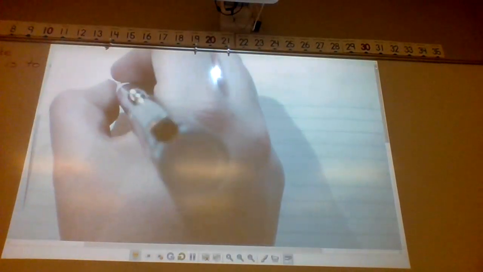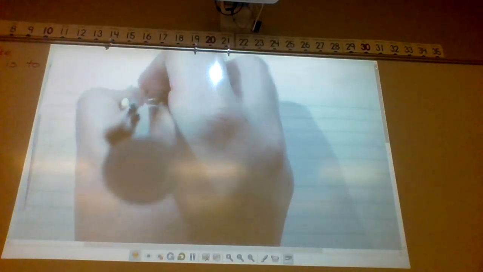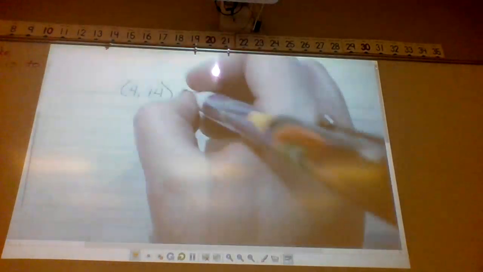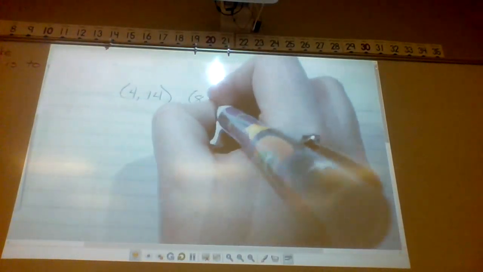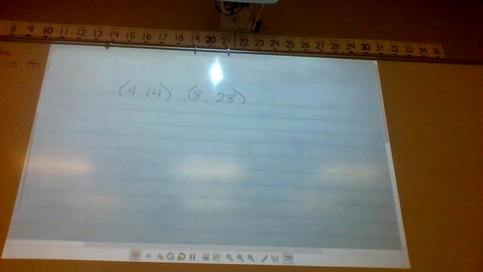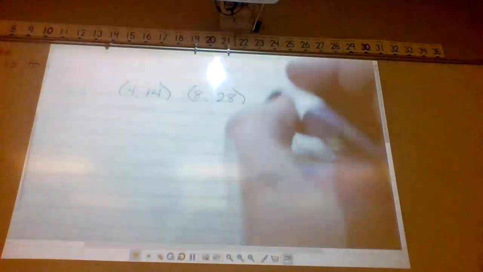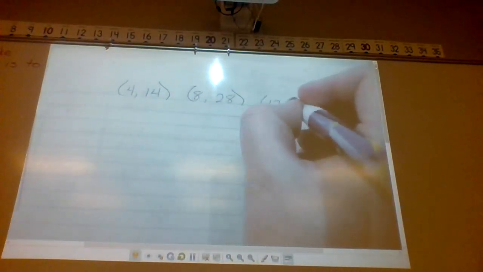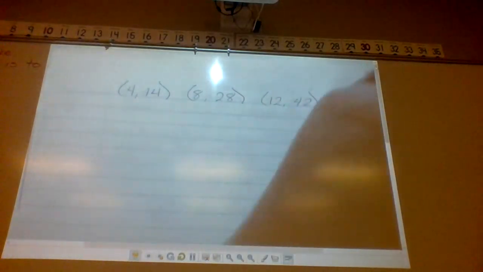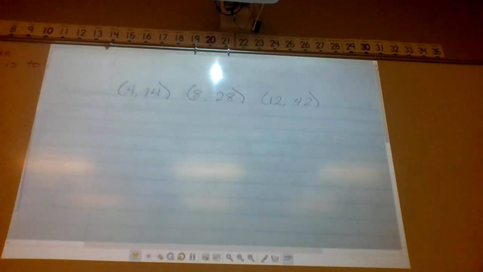So on the student page, I want you guys to write down these ordered pairs. 4, 14. 8, 28. 12, 42. We're going to find the direct variation.